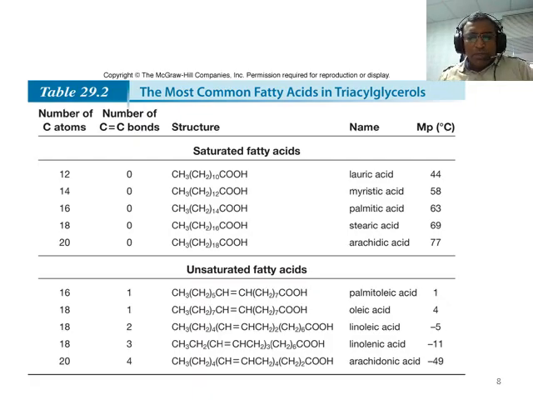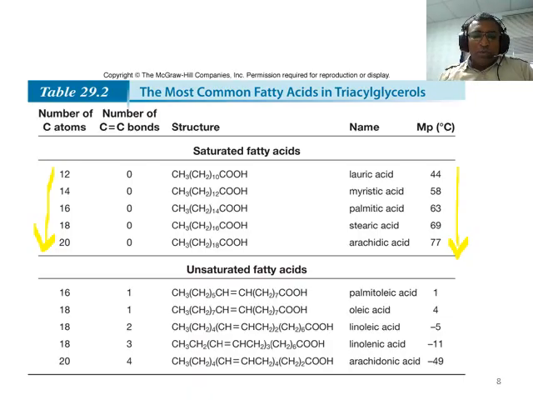So this table is a good indicator of the melting point being reduced when there is introduction of a double bond, and also of the increase in melting point when the hydrocarbon chain increases. As you go down this table, you can see the melting point increases because two carbons at a time are being included.